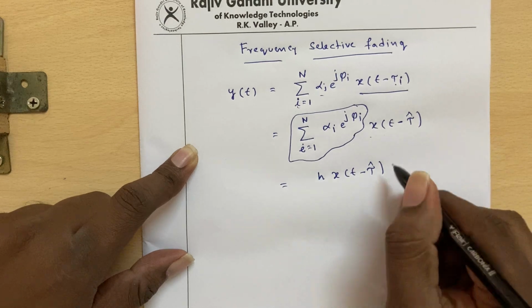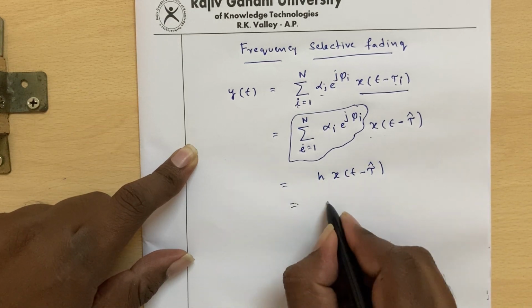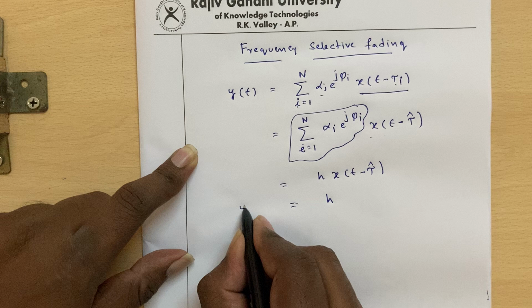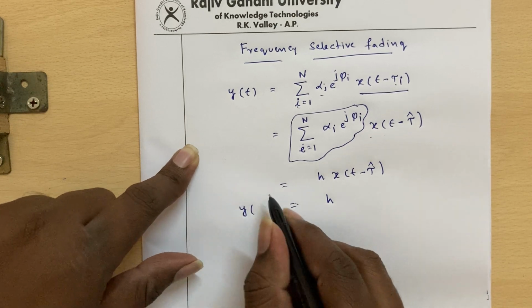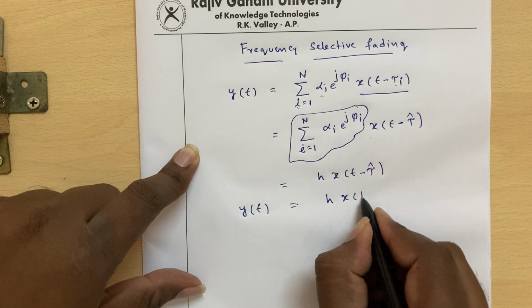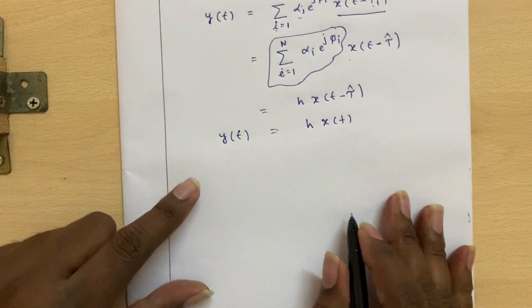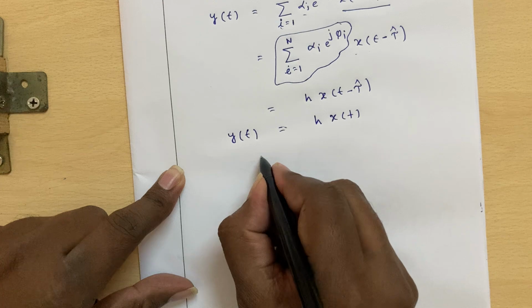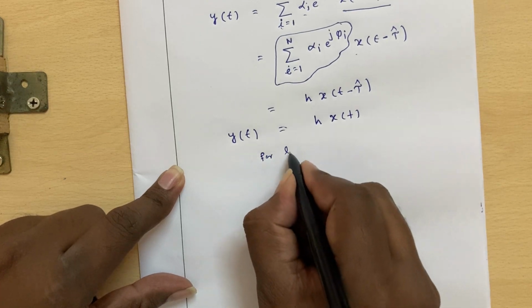And now, assuming time correction, the received baseband waveform y of t is equal to h into x of t, and this is for low bit rate communication.